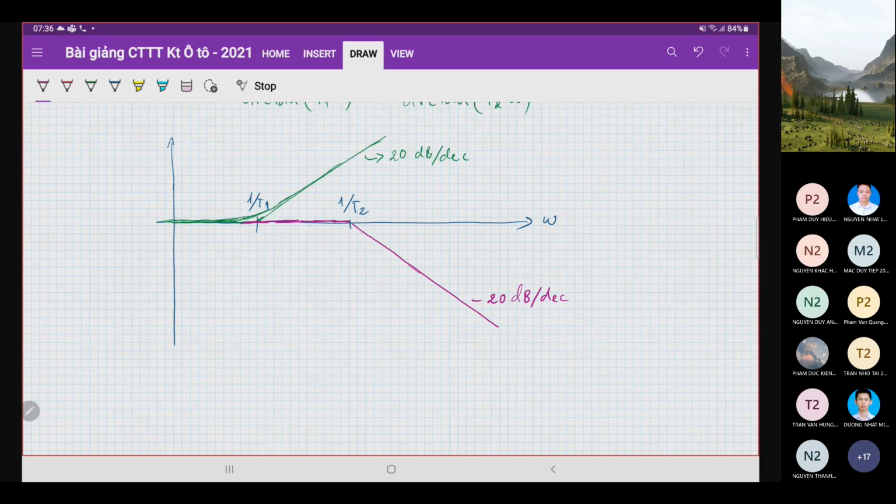And the exact curve of this L omega we also have here. The first one is L1 omega, and the second one is L2 omega, right?